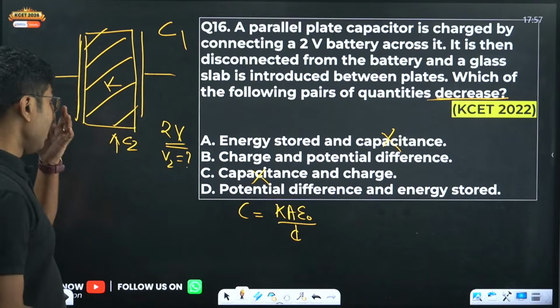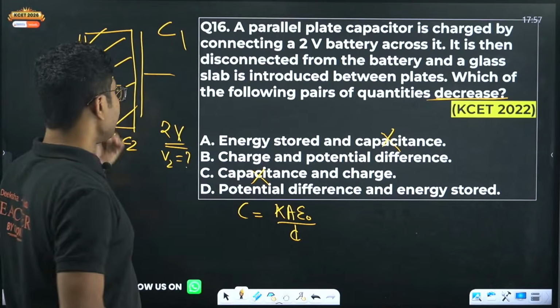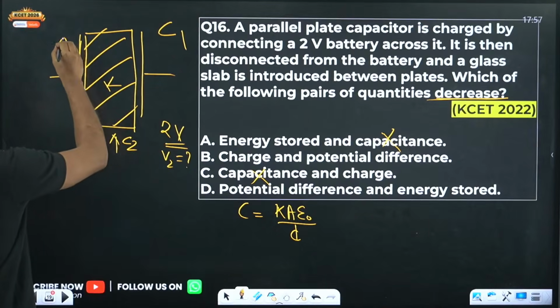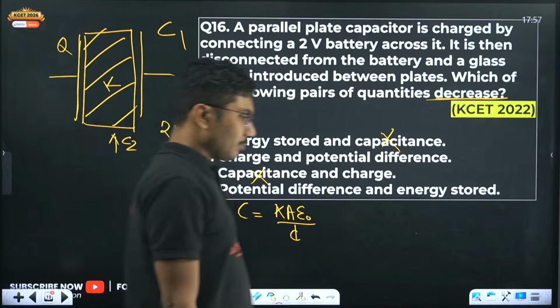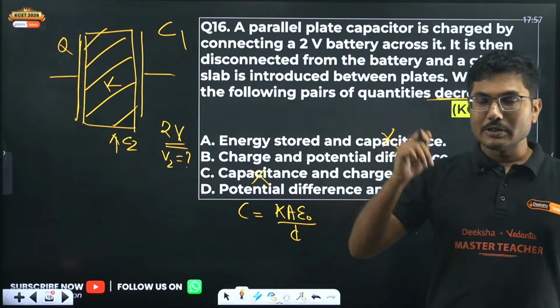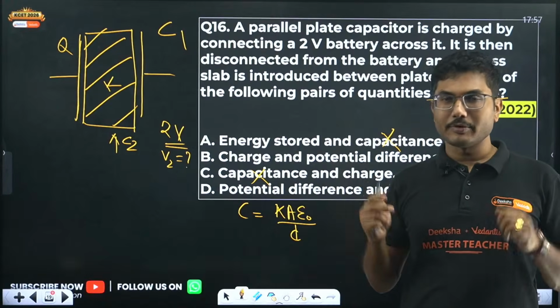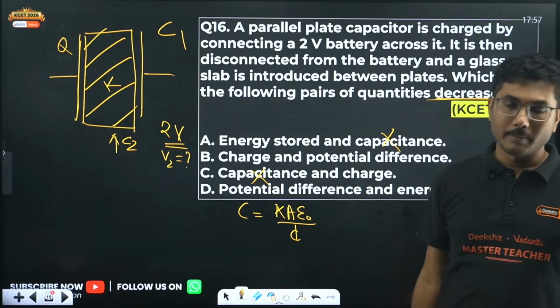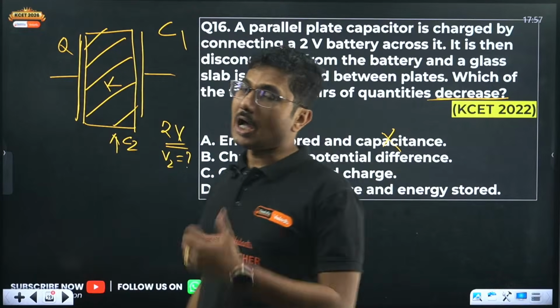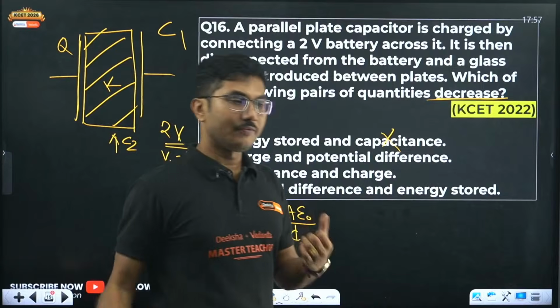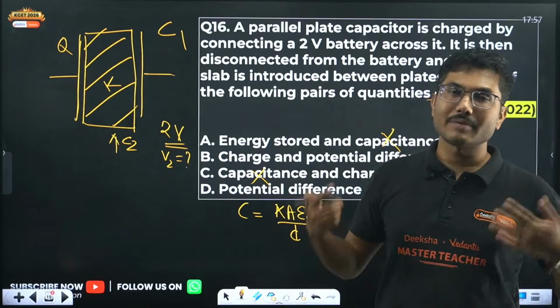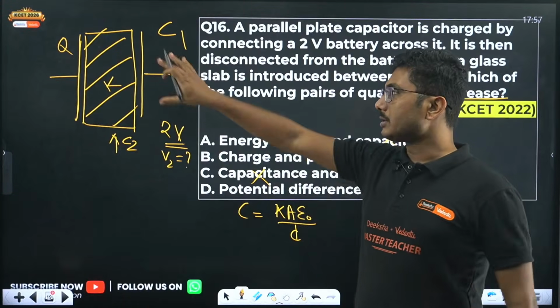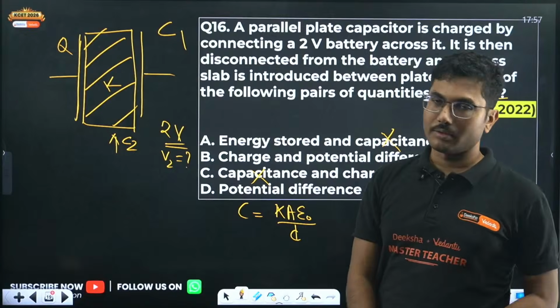Now what about charge? Charge is a conserved quantity. Once you have charged the capacitor, disconnected it from the battery, and inserted the glass slab, it is an isolated system. The glass slab is neutral, it does not have any charge in it to begin with.